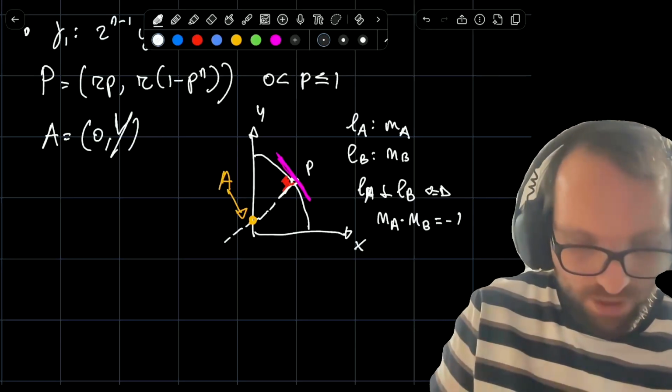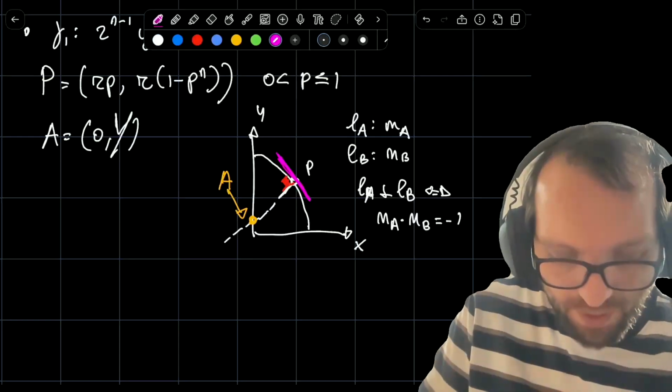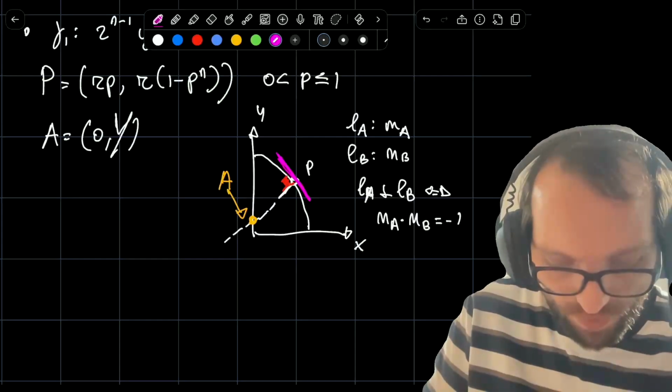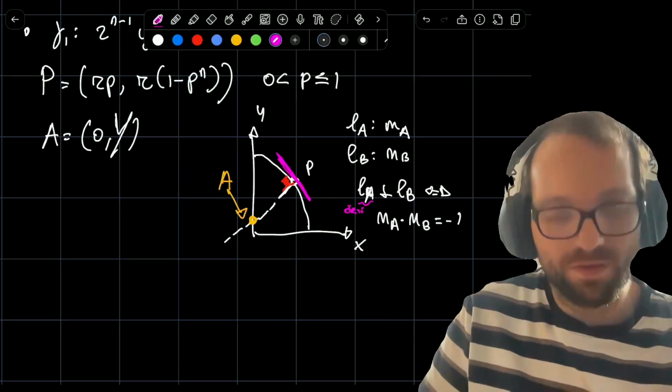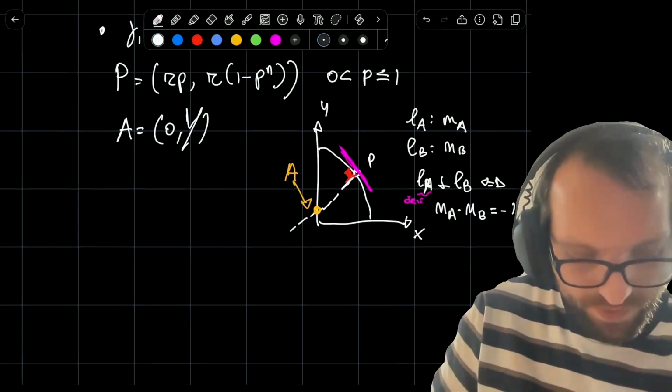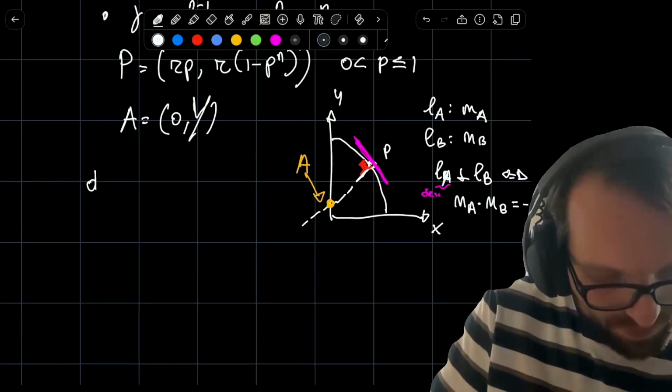Here LA is going to be the derivative and LB is going to be the normal. So let's calculate the derivative.